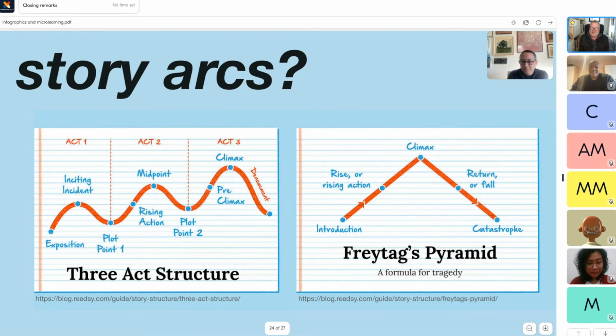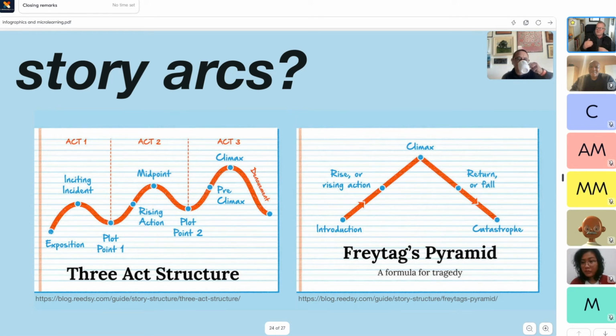If you look at the 3-act structure, you have the exposition, the inciting incident, which is the start point. Then you have a midpoint, where you're getting more engaged, and then you have a climax, which is the thing that they remember. Most movies have that, and in fact, the Freytag pyramid is pretty much most Hollywood films right now.